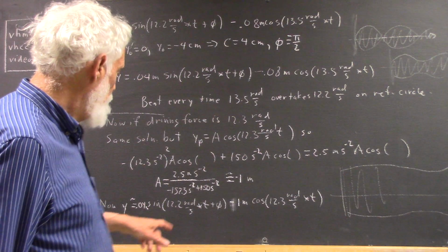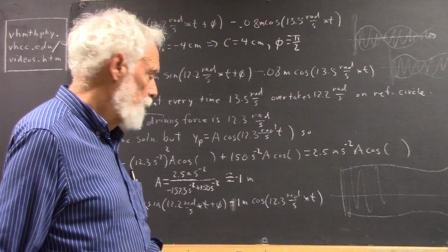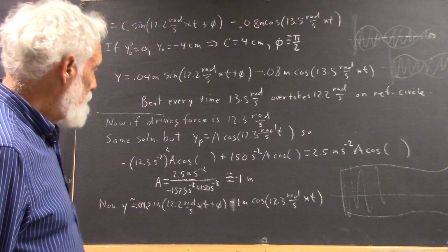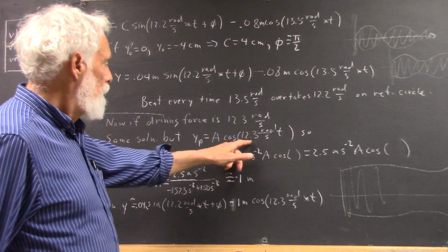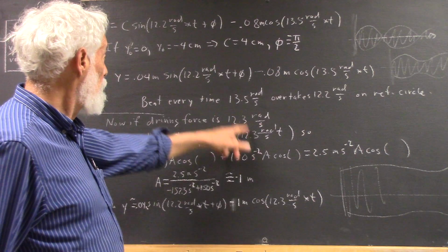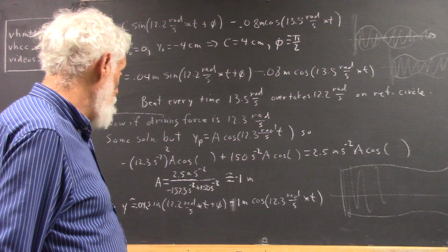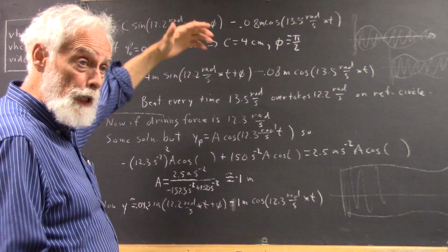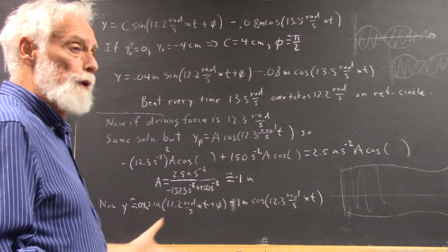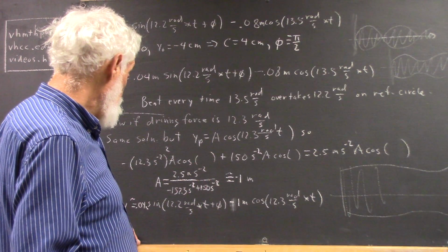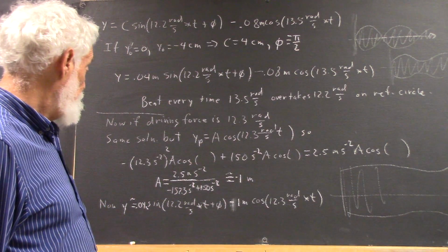Okay, so again we see that this just makes a minor contribution to this, and we do get a much greater amplitude. In the limit, as this angular frequency approaches the exact value of the resonant angular frequency, theoretically we get an infinite amplitude.